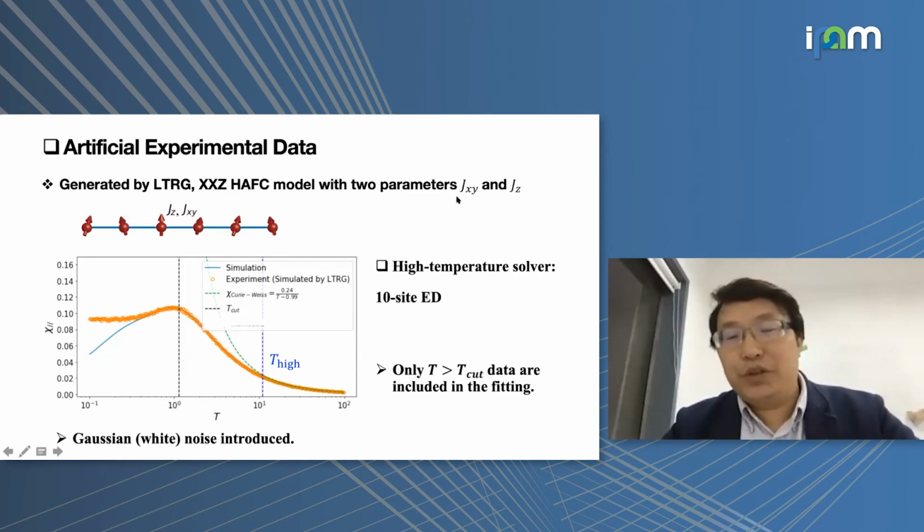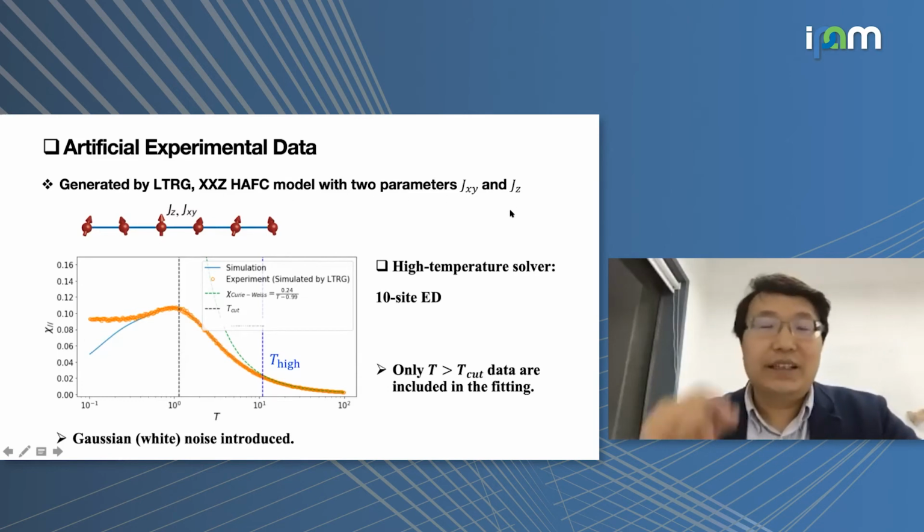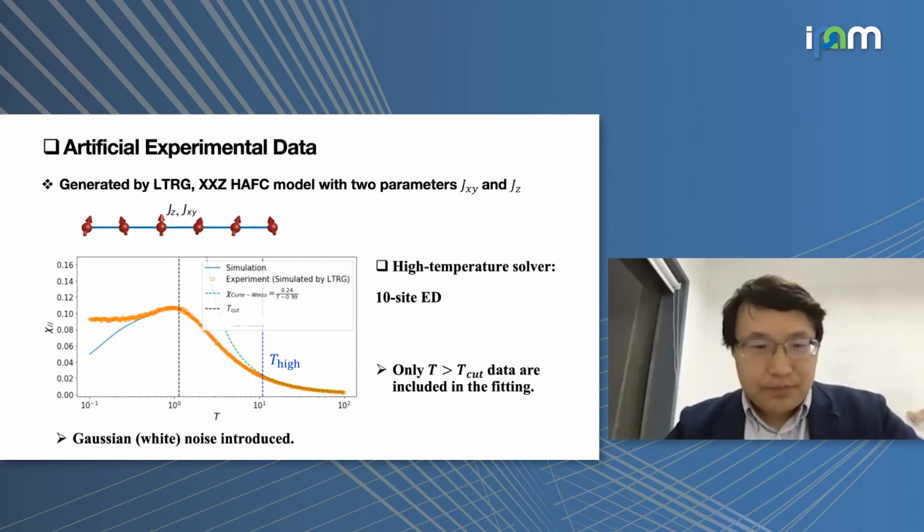So there are two parameters, Jxy and Jz. We generate the thermal data from LTRG, for a 1D infinite system. The orange data are the generated data. To make it realistic, we also add some Gaussian noise to mimic the experimental data.